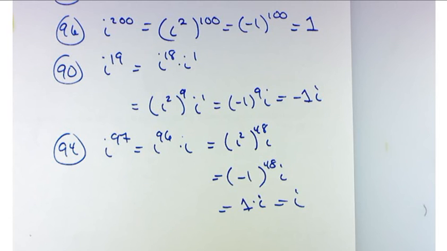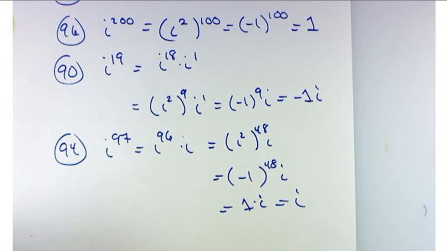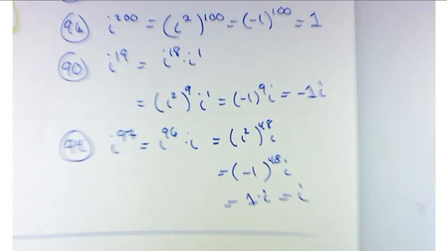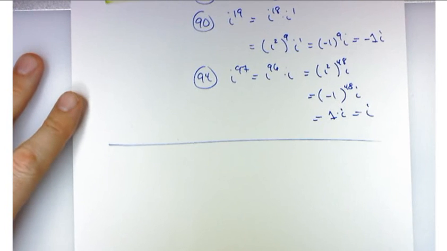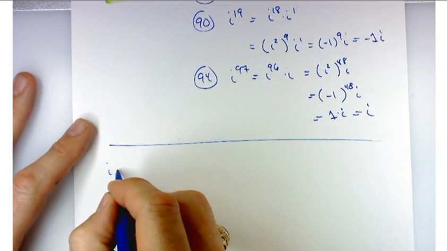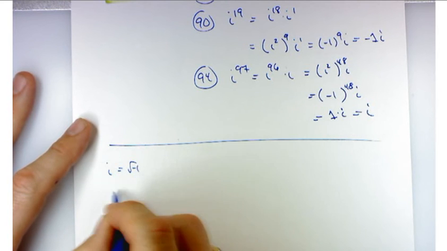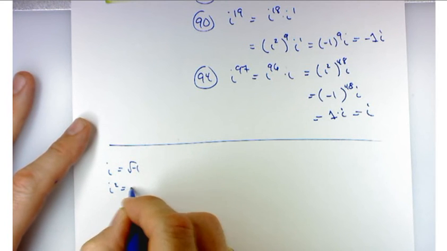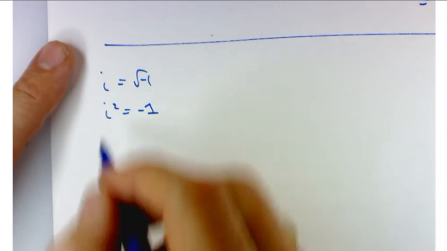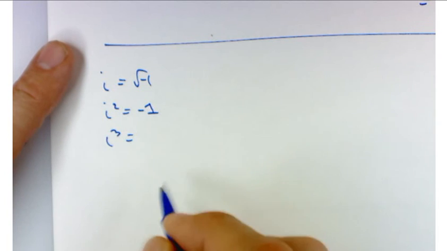I'm going to show you a different way to do these, and you're free to choose whichever one you like, and I'd actually like some feedback from you as to which one you like better. If you look at I is the square root of -1, I squared is -1, we can play the same game and figure out a little bit of a pattern here.